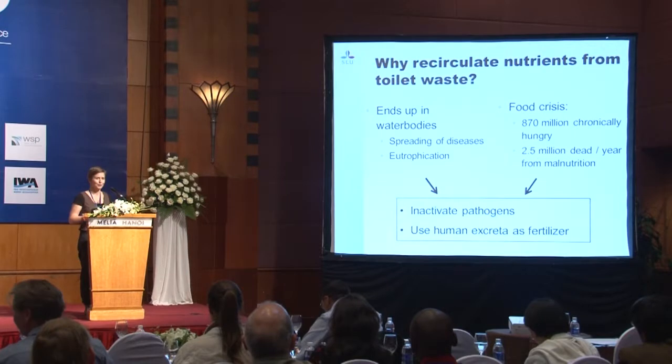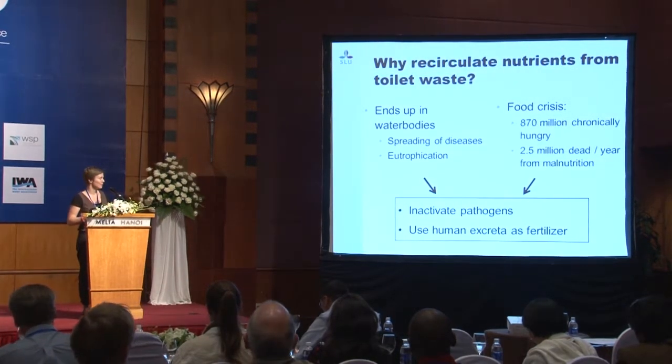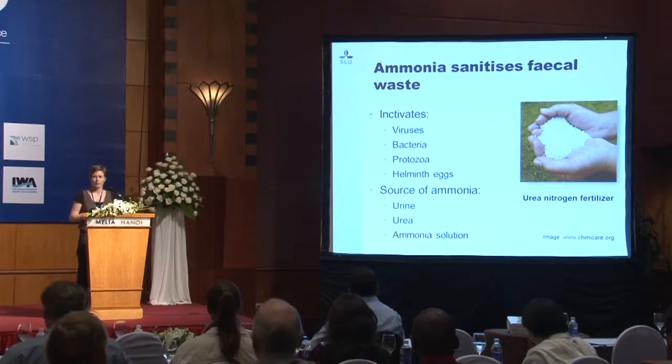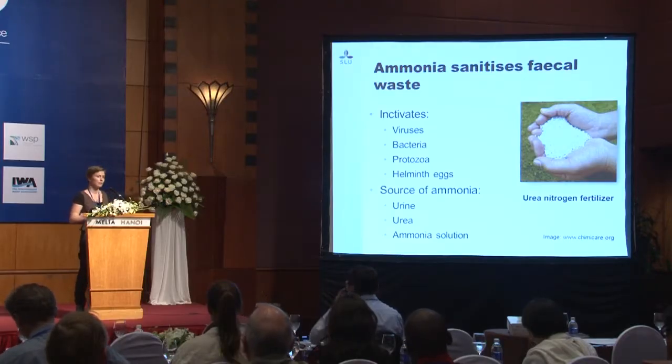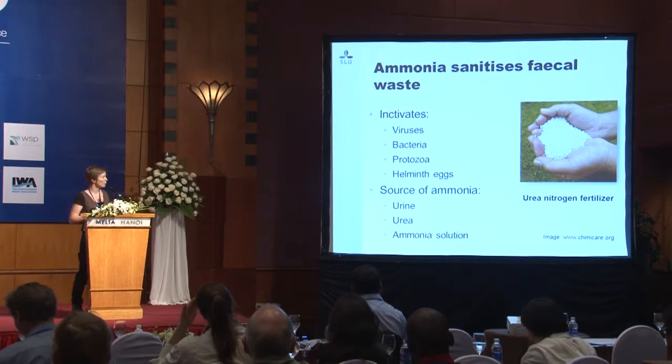So, since we all excrete feces and urine, we have fertilizer locally available. And if we sanitize this, we can have a safe reuse of these nutrients. The reuse could also be an incentive to actually treat this waste. So ammonia is quite well known to inactivate pathogens from different groups, including viruses, bacteria, protozoa, and helminth eggs.